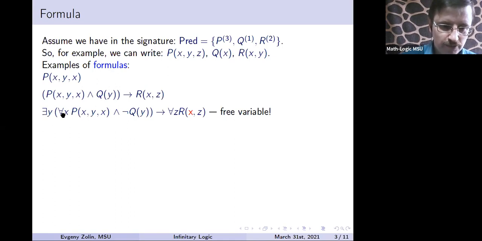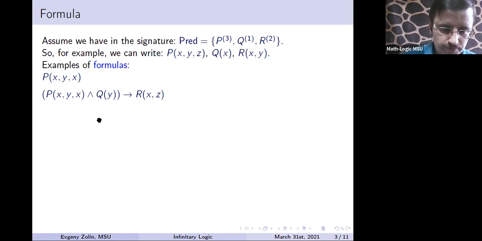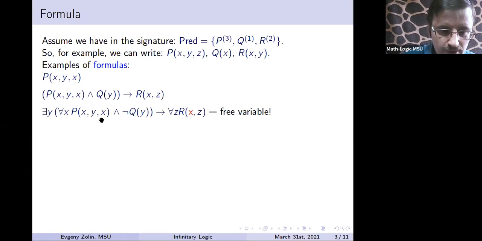So for all x, its scope is only this formula P x y x. And exists y, its scope is this whole part. So this y and this y are under this quantifier.